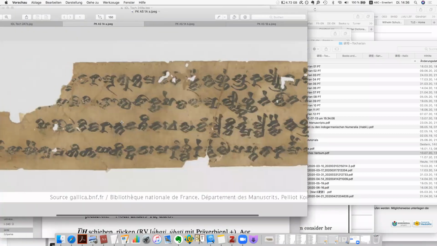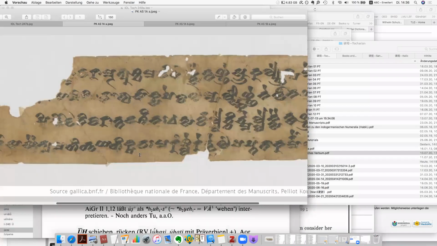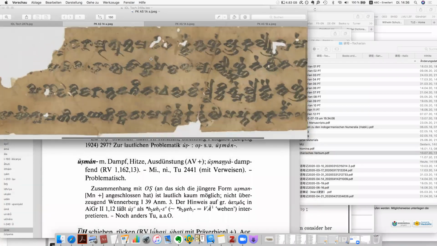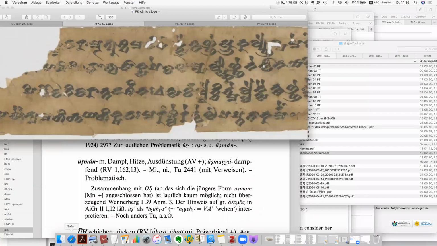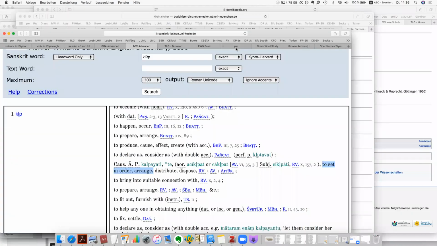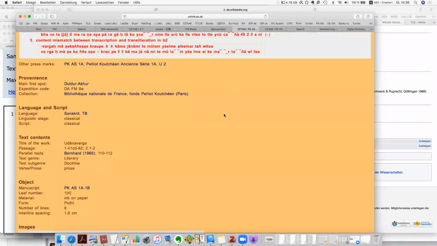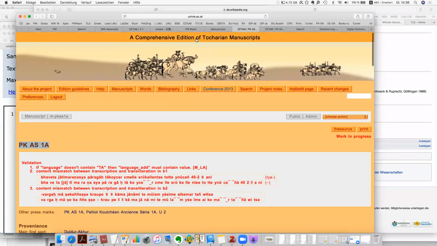So as you can see, this is the manuscript we're going to read. Wait a minute, the text, you can find it on this website, called Ketok, the Comprehensive Edition of Tocharian Manuscripts.